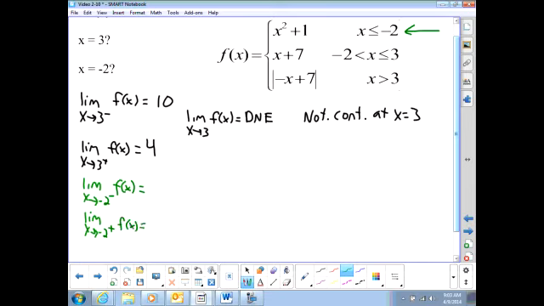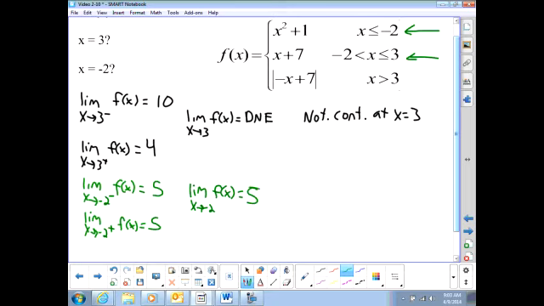Negative 2 squared is 4. 4 plus 1 would give us 5. When we approach from the right, we'll use the middle part. Negative 2 plus 7 also gives us 5. So we know our limit as x approaches negative 2 of f of x overall is equal to 5.